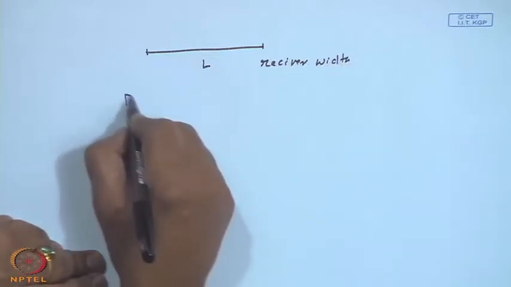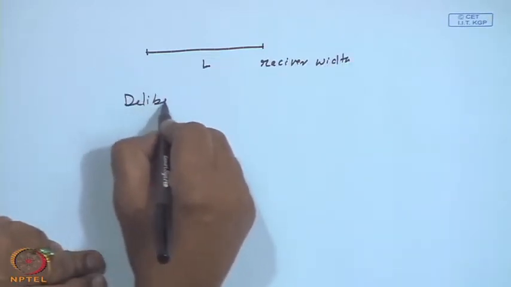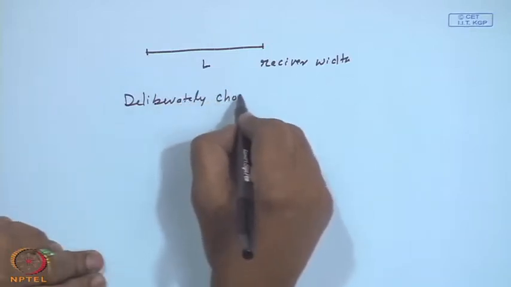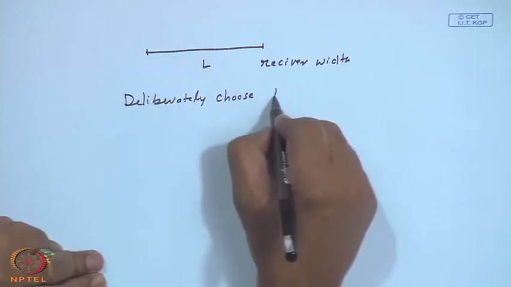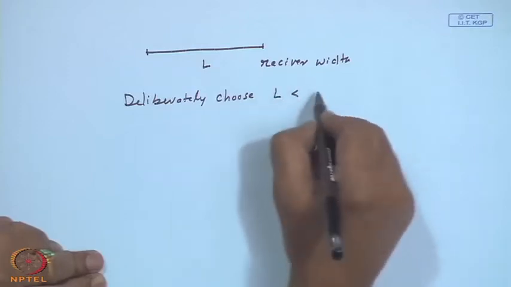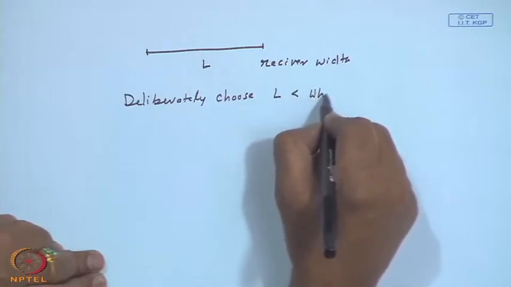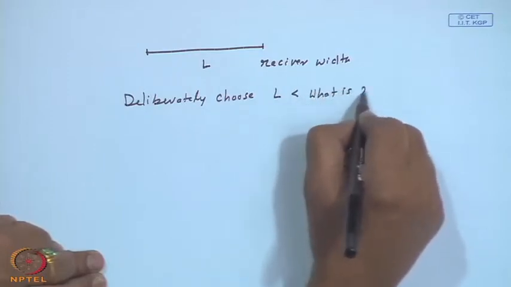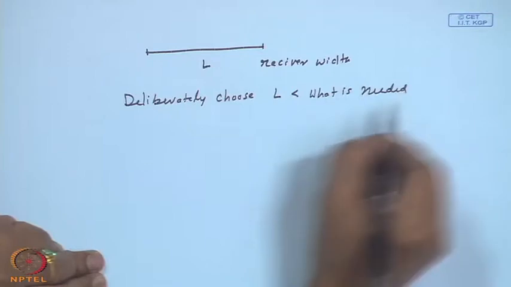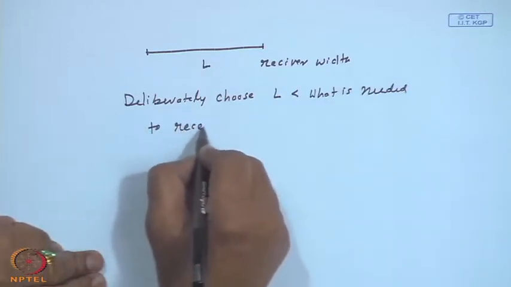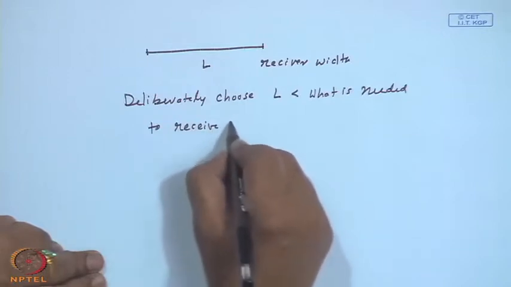we may deliberately choose L less than what is needed to capture, to receive reflected radiation.